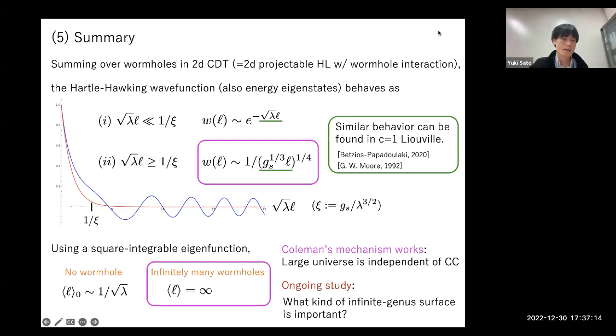Yes, there are some examples of matter coupling. You can include, for instance, Ising spins in 2 dimensions. It cannot be solved analytically, but you can perform simulations. If you include Ising spins, it becomes fermions in the continuum limit.